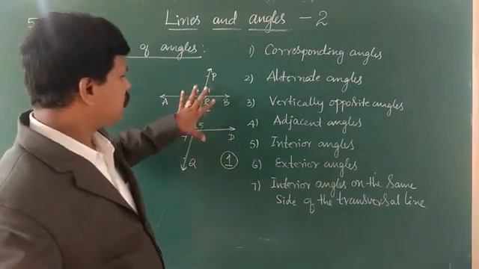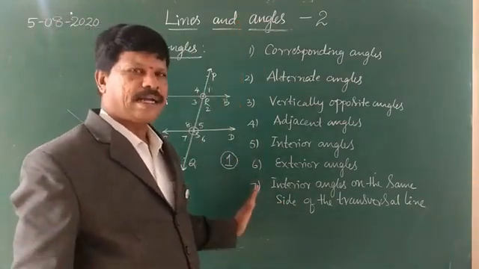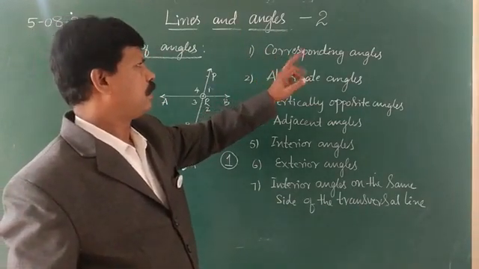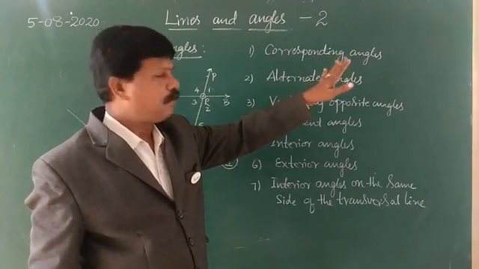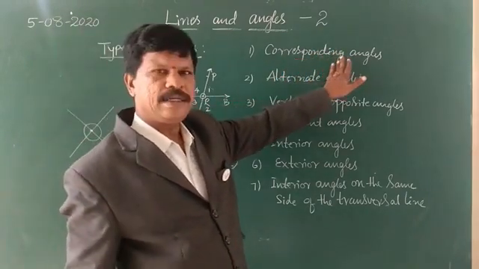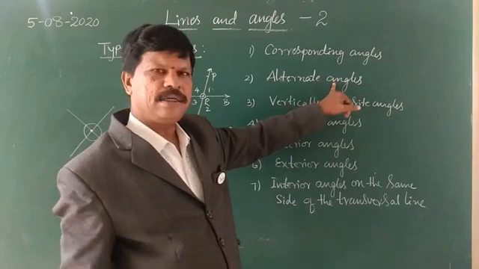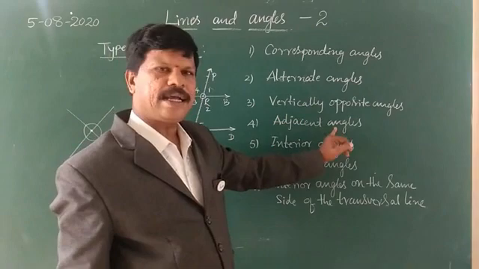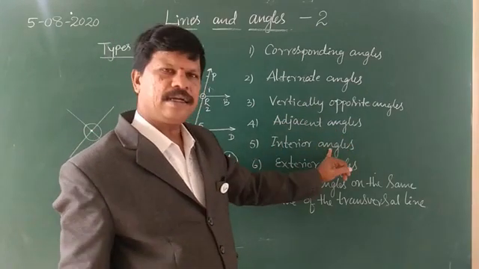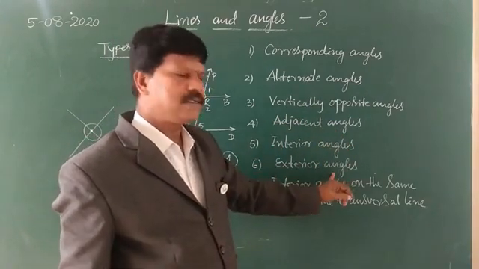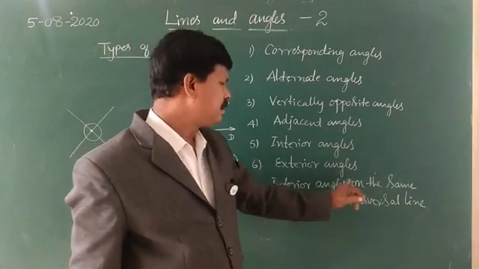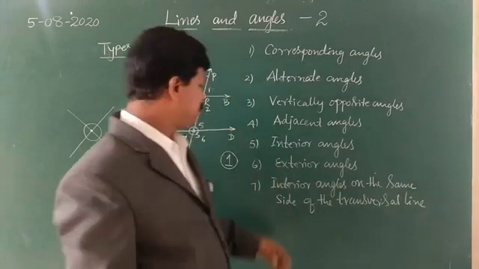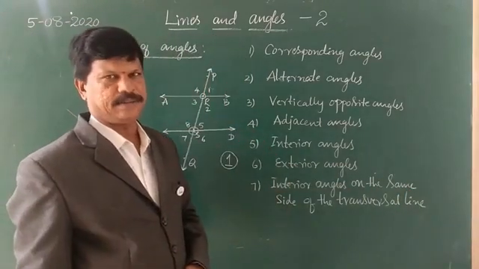First, I will give you the names: corresponding angles, alternate angles, vertically opposite angles, adjacent angles, interior angles, exterior angles, and interior angles on the same side of the transversal line. These are the types of angles.